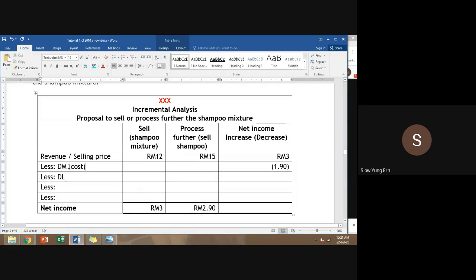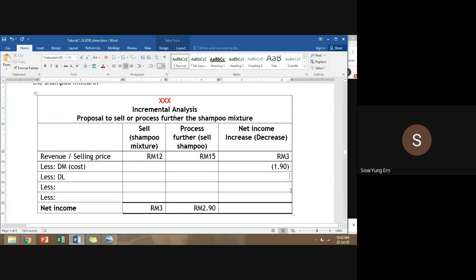So when cost increases, net income decreases. You compare this and you will see that the figure increases, net income decreases. So negative 1 ringgit 90 cents.